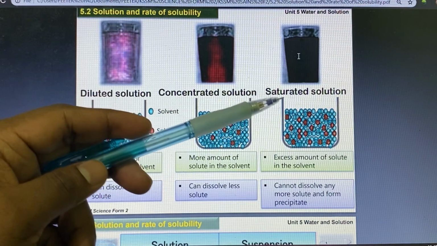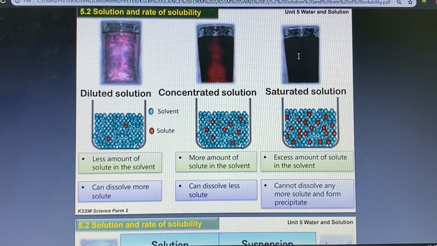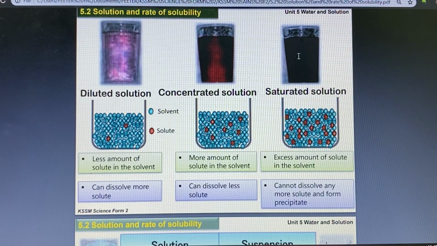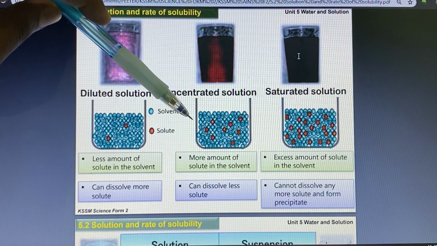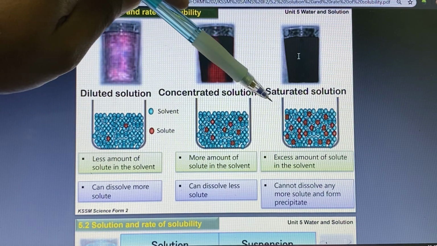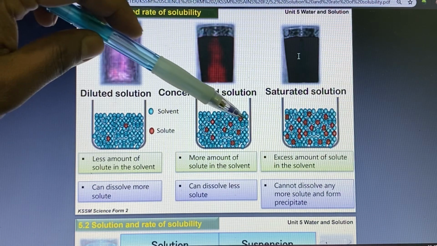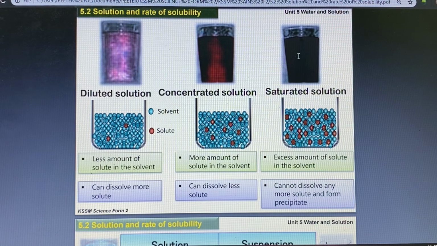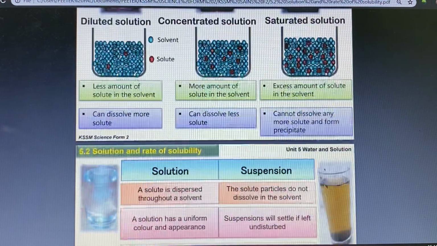So a saturated solution is a solution where you can't add any more solute. So we have dilute solution, less solute; concentrated, more solute; and saturated, that's it, excess. If you put more, it will form a precipitate.